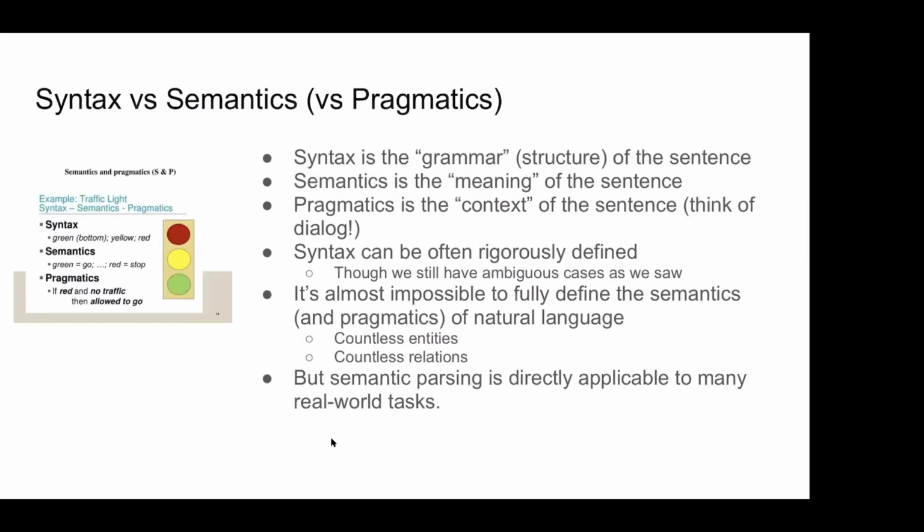Semantics is very difficult to fully define because there are countless entities, countless relations, and you have to have some world knowledge to be really sure about the semantics, etc. So in that sense, syntactic parsing can be considered as at least a well-defined problem, but with semantic parsing, oftentimes even defining the problem is very difficult.